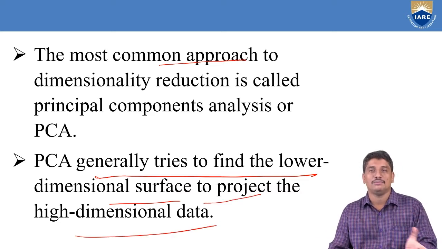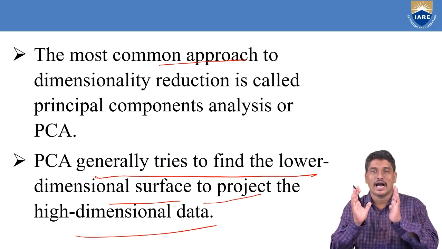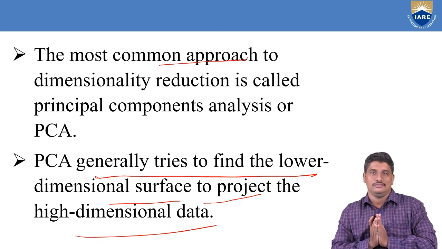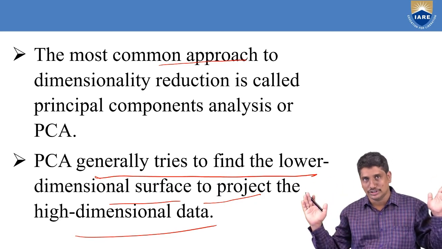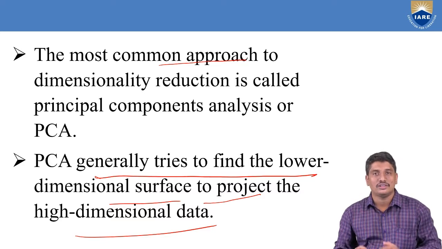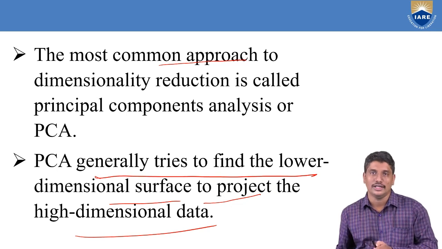It is a mathematical procedure by which we project high dimensional data into a low dimensional space. That means we try to reduce, say, 10 features into 3 features, by applying a mathematical process known as principal component analysis.